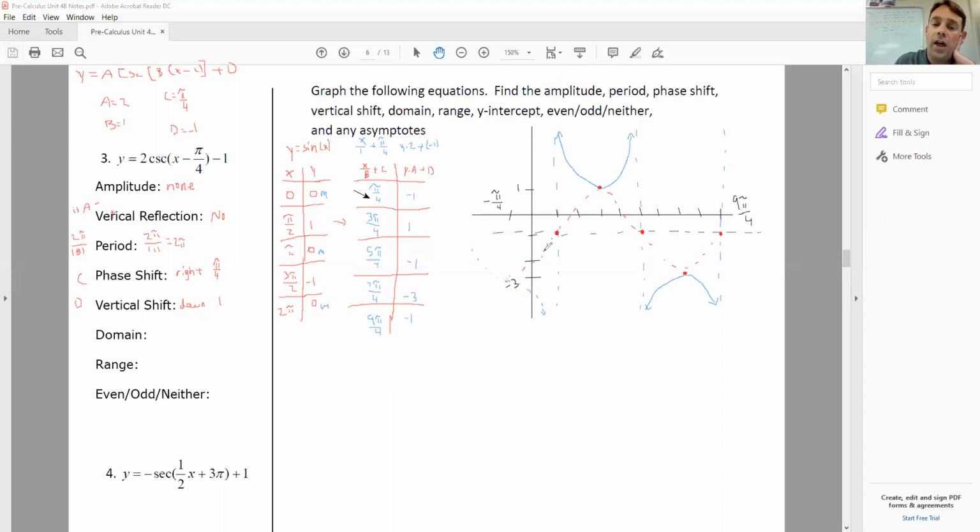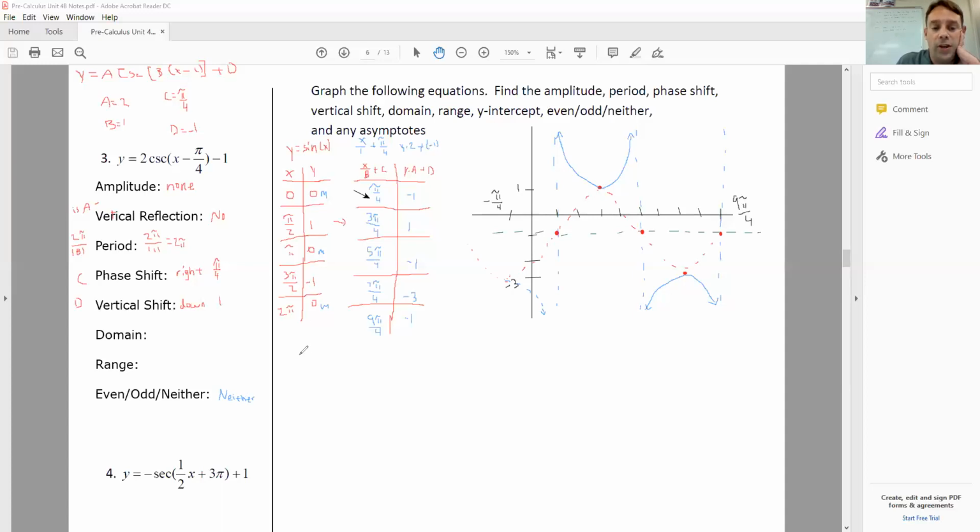Notice I don't have my sine going through 0, 0, so it's not going to be odd. I don't have a relative extrema for my sine graph or my cosecant graph on the y-axis. So my graph here is going to be neither even nor odd. And I'll come back and look at the domain and range here in a second.